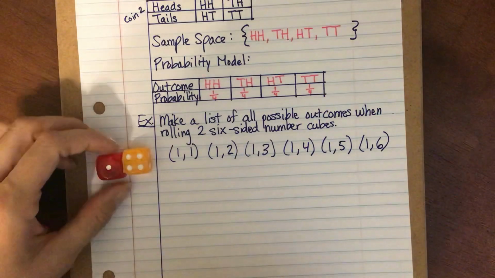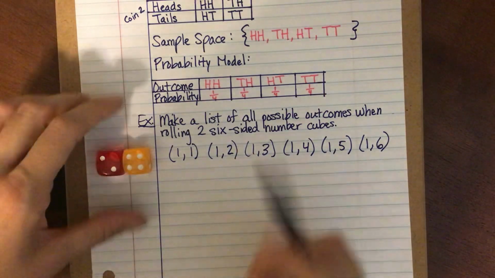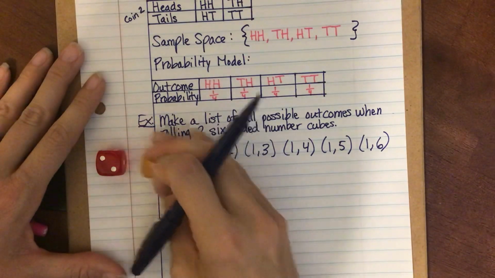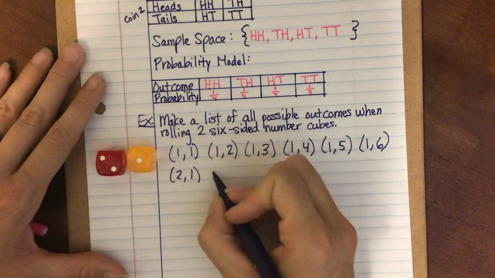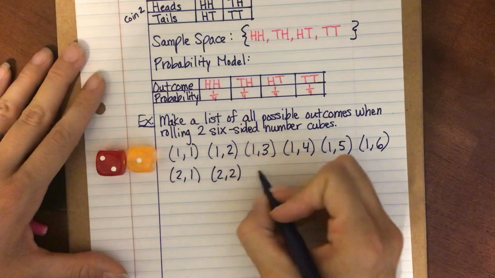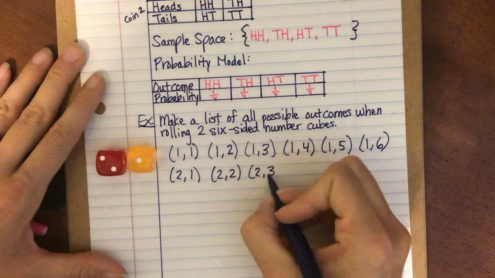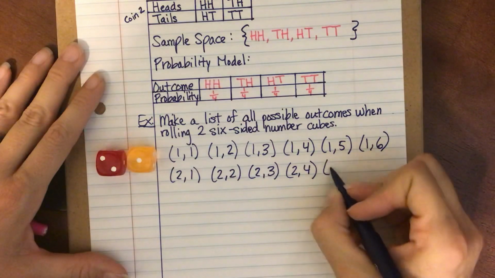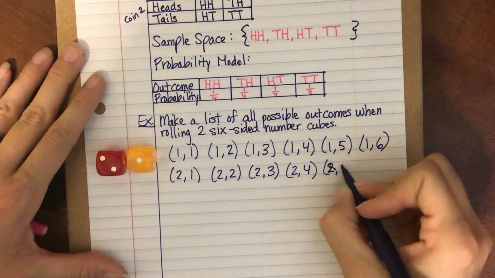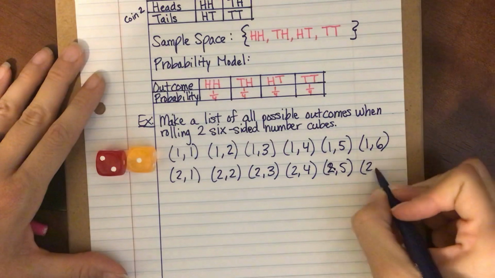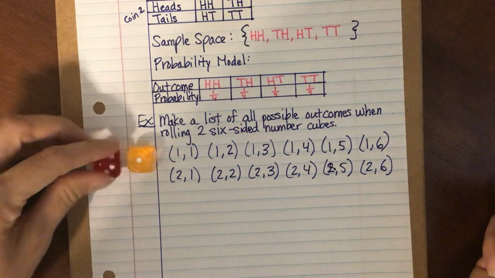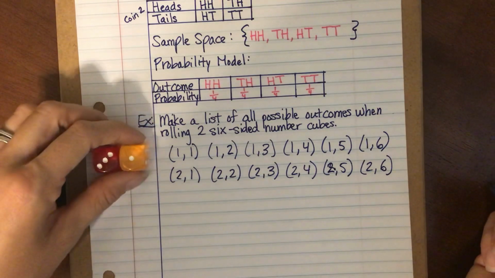Now, if the red number cube is 2, then the yellow number could be 1. It could be 2. It could be 3. It could be 4, it could be 5, and it could be 6. And now let's say that the red number cube is 3.